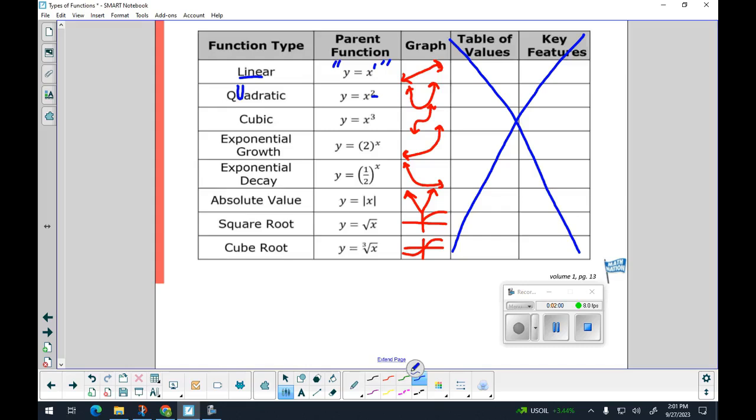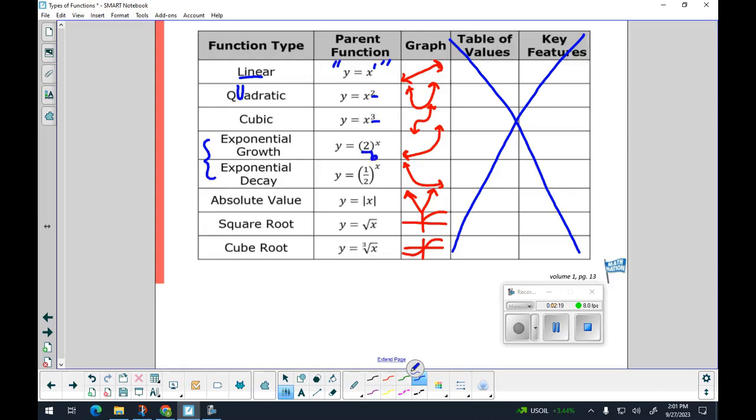Our next function is an exponential function. We have exponential growth and we have exponential decay. What that is, is like an L. Think of L for exponential. When we're talking about growth, we are talking about increasing.